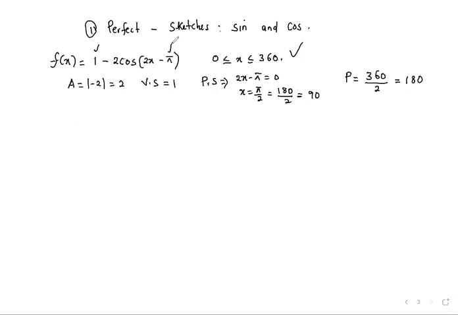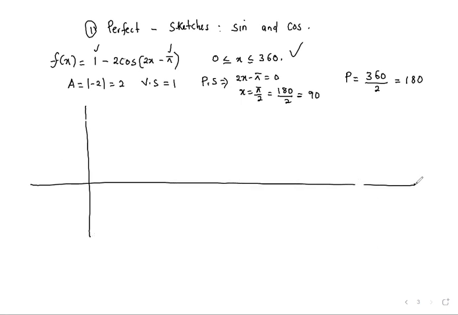Then you sketch. I go to the first shift first, 90. That's where you start from. 90, the first shift. Then I now need to move. How do I move from 90?